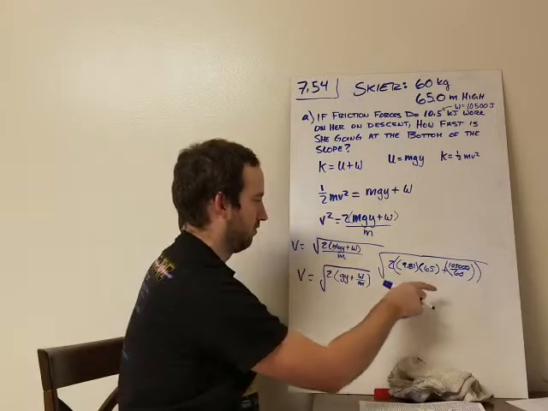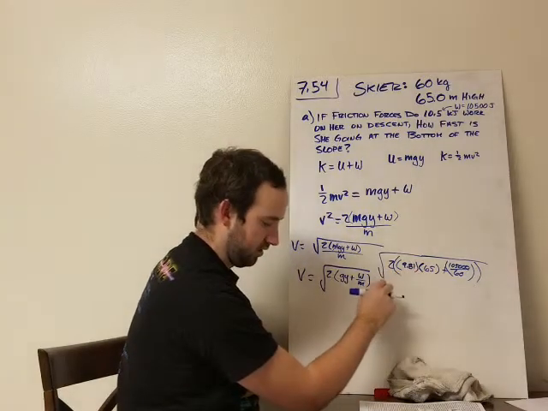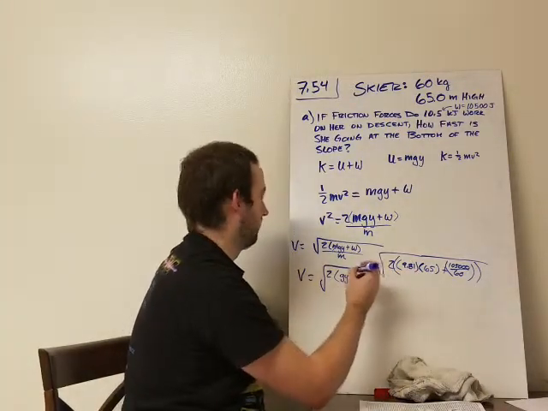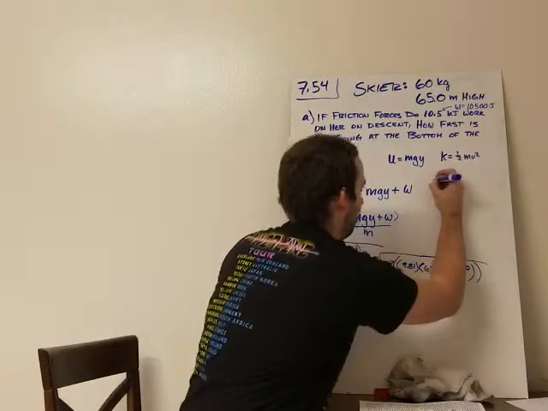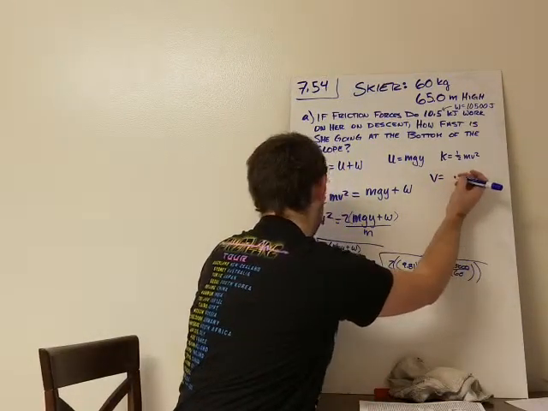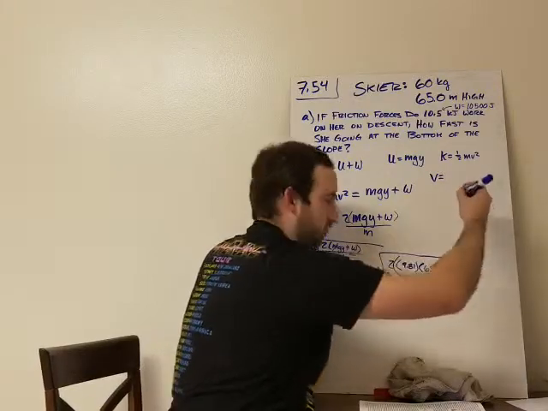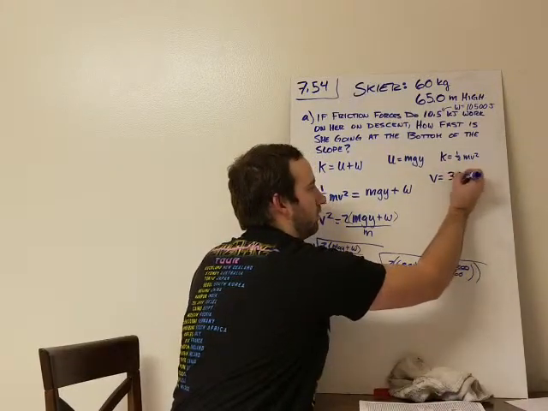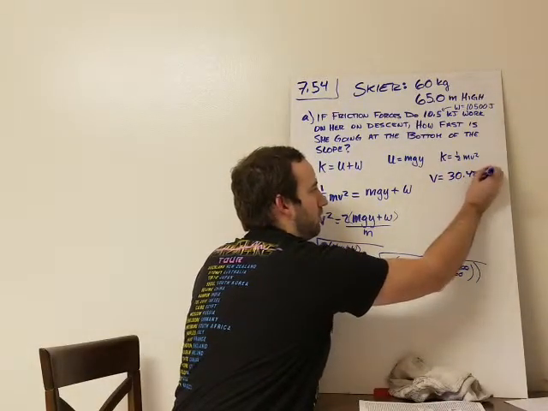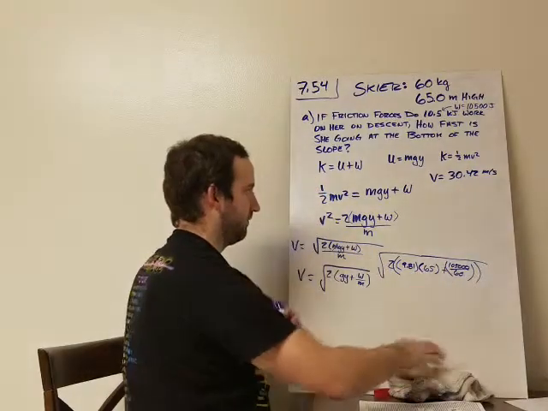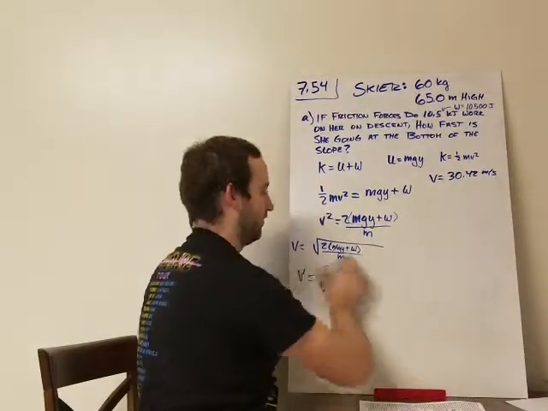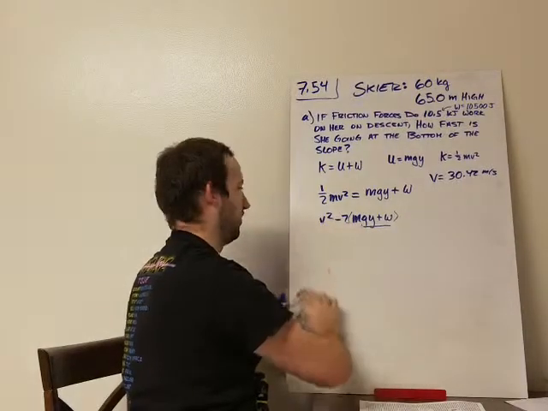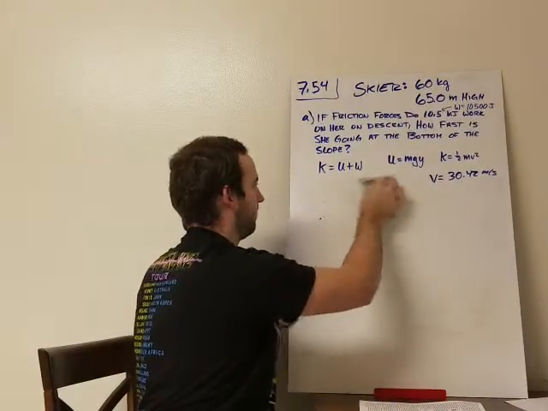When we plug that into our calculator, we end up getting that the velocity is equal to 30.42 meters per second. So that's it for part A, but we still have 2 more parts, B and C.